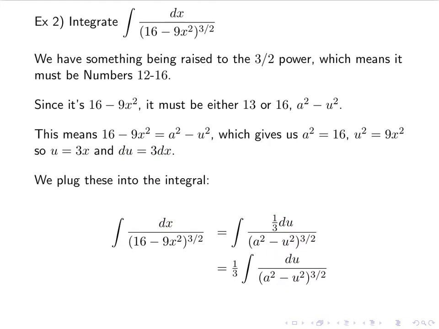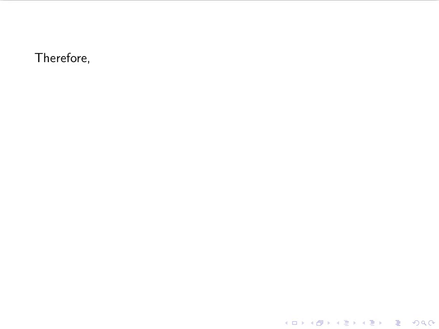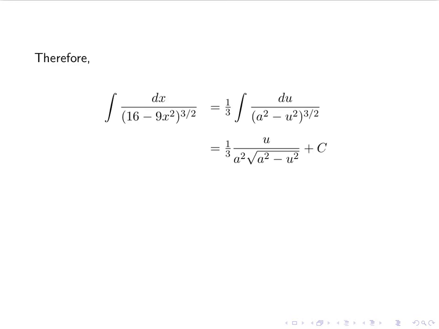We'll pull the 1/3 out, and then if we look at our table, again we know it's either 13 or 16. So this guy, without the 1/3, is number 13. So we're going to use number 13 to integrate it. According to the table, again, we have this 1/3 from before.